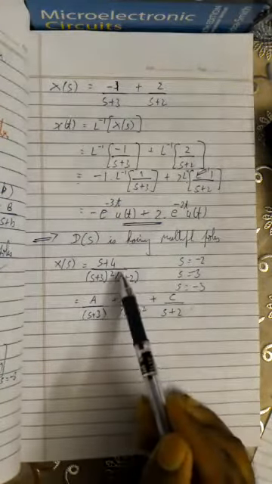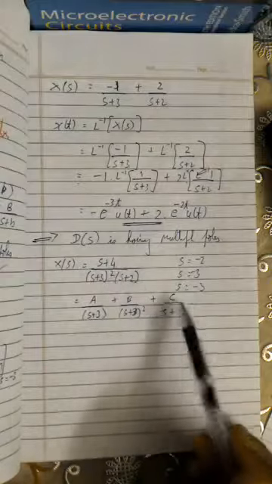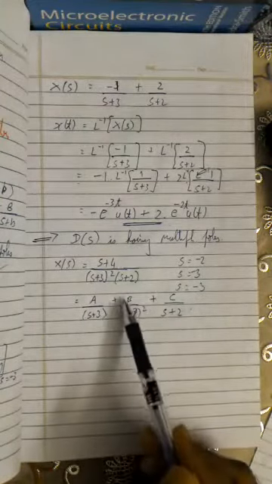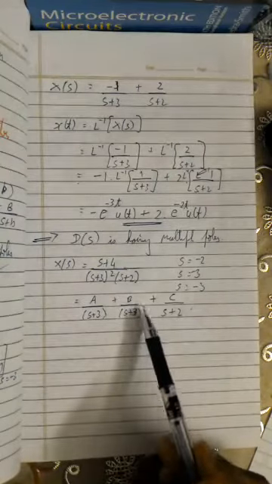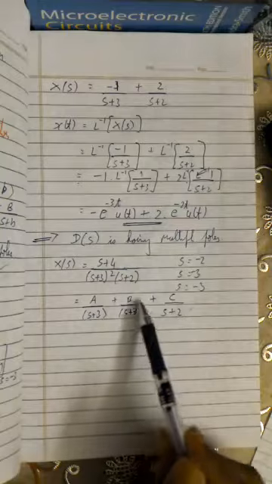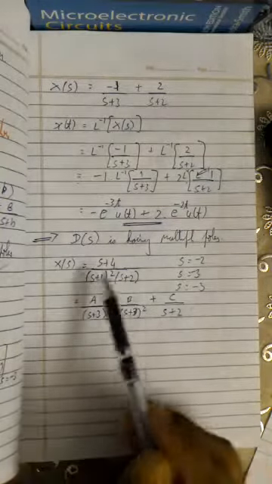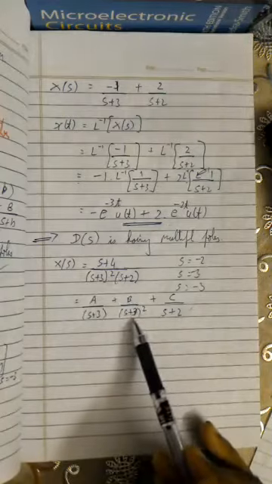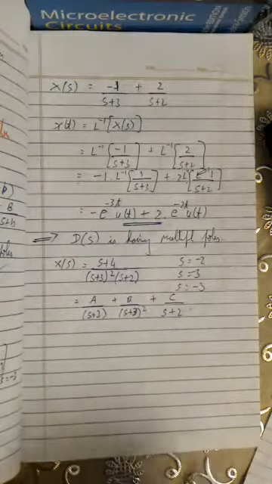Now look at the second one, b by s plus 3 the whole square. This factor is also complete because the denominator is s plus 3 the whole square. So these 2 factors are complete.